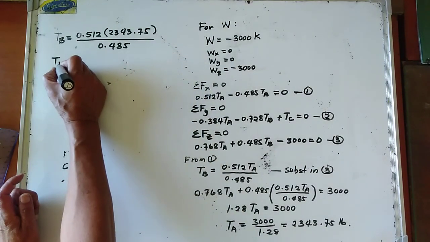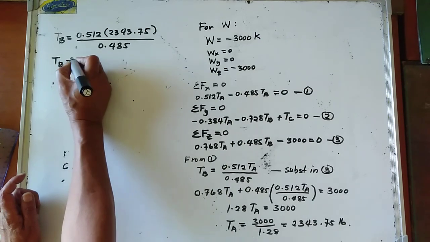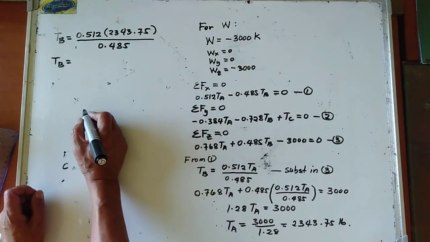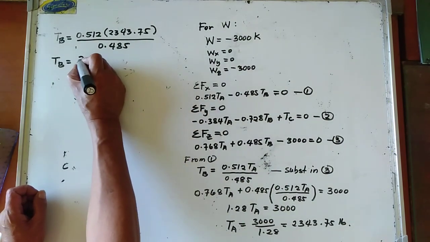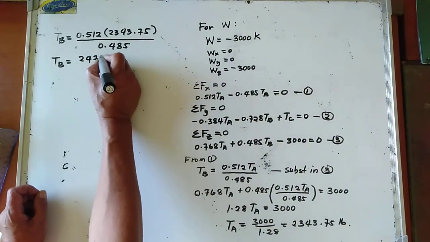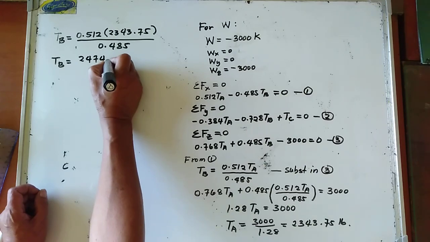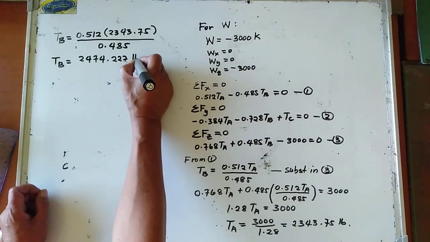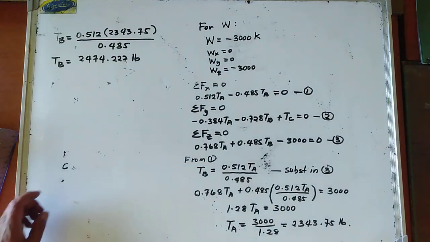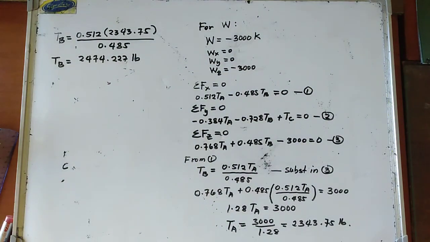Hence, the tension in cable B is equal to 2474.227 pounds.